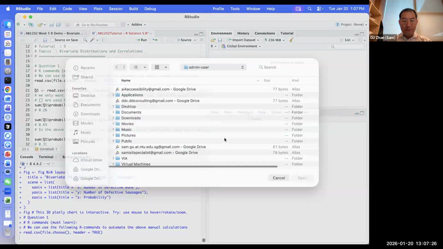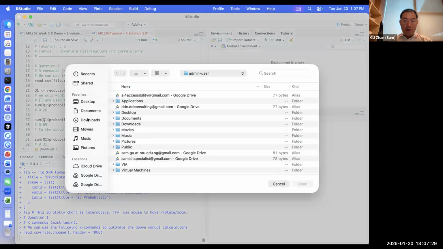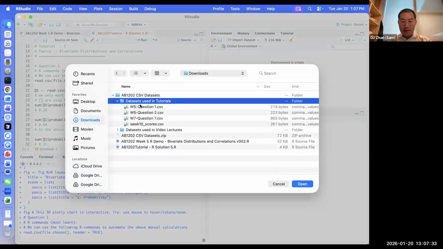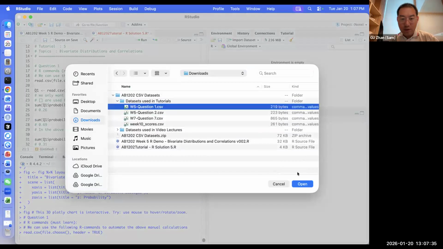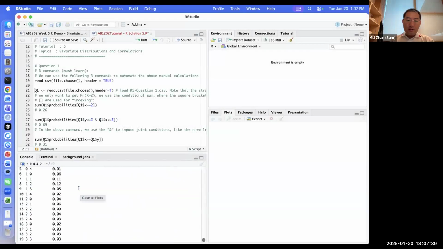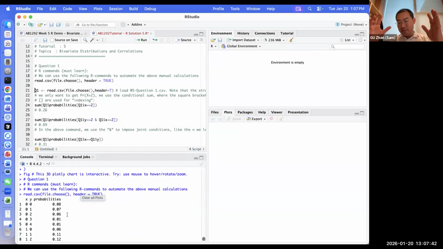Run this, and you locate where your data set is. It is in the CSV data set, week 5, question 1.csv. Open it. If you just run it, it will read this file and display it in the console, and you have nowhere to find it. So you need to assign it to a variable.